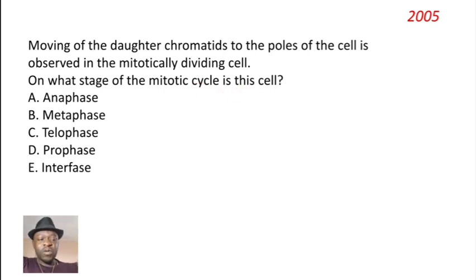If you remember the stages of mitosis in order, you say prophase, metaphase, anaphase, and telophase, right? So the movement of daughter chromatids to the poles will definitely happen during anaphase, right?